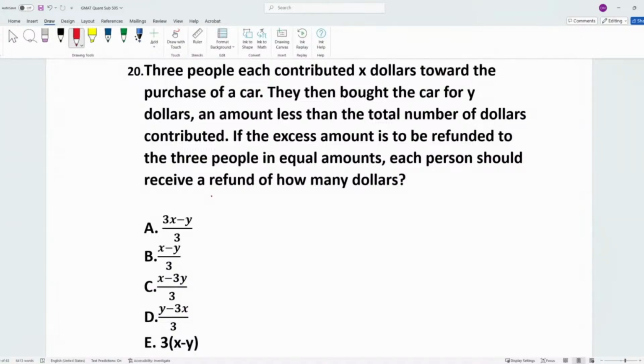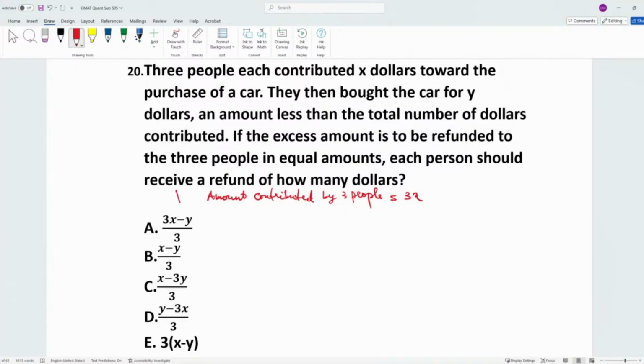Let's put some values here. So let's say the amount contributed by 3 people is actually 3x, because it's equal to the number of people times the amount.